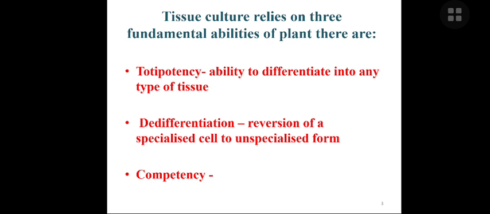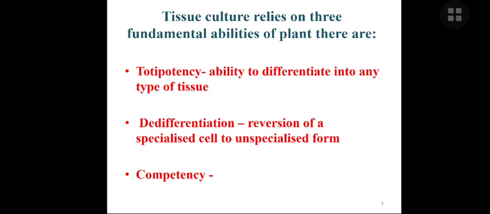In some plants, we know that when the leaves are cut and we try to propagate them, or when we take a stem and plant it, it produces a new plant. So it is the inborn ability of a plant cell or tissue to differentiate into a whole plant.